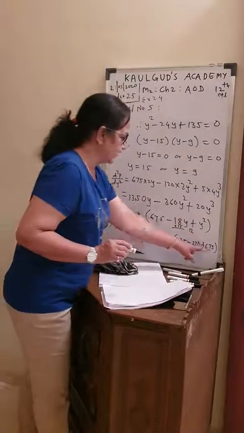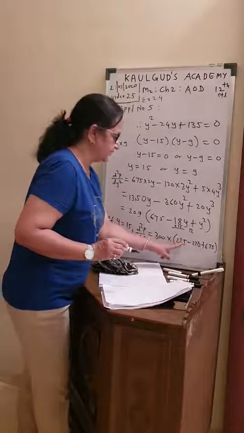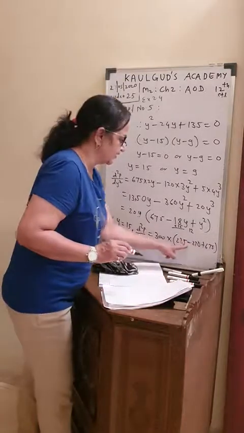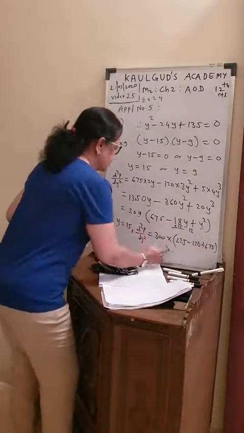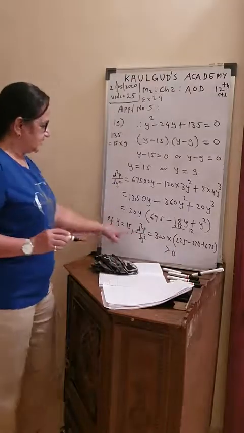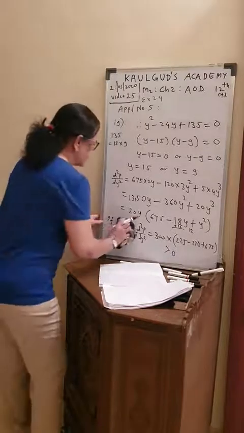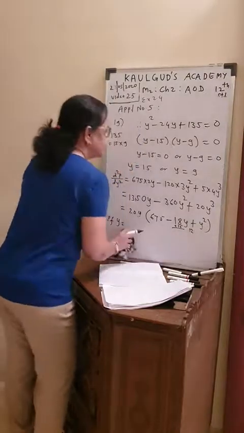Now 675 and 225 are positive. I don't want the exact answer. This will give me positive, so this will become positive. And a positive second derivative is the condition of minima. I don't want that.